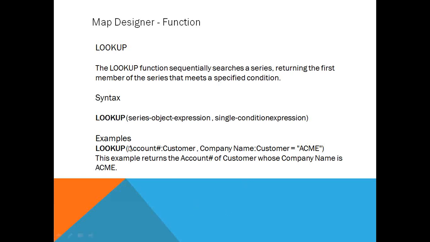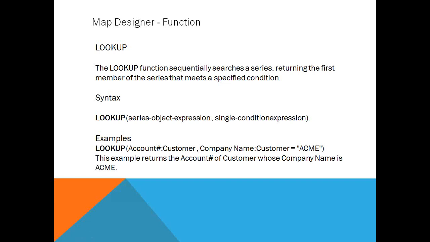So you have to write the rule like this: lookup of customer account where customer name equals ACME. It will check record by record wherever ACME is found, and for that customer it will return the account number. Suppose there are 10 records having customer name ACME, it will return the first value, because lookup returns only one value, the first occurrence.